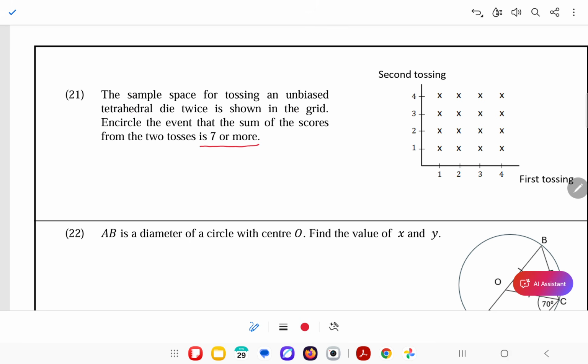We want 7 or more. So 4 plus 4 is okay. 4 plus 3 is okay. The others are not okay. So only these three. So circle those; all the others, when you add them, are less than 7. Right. So that is the answer for that part.